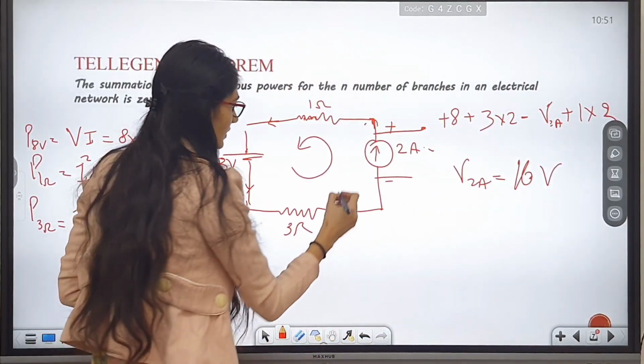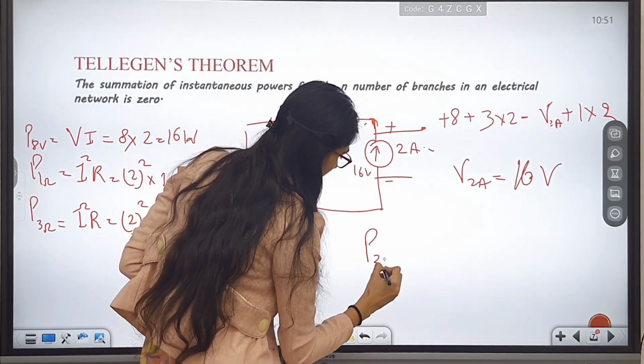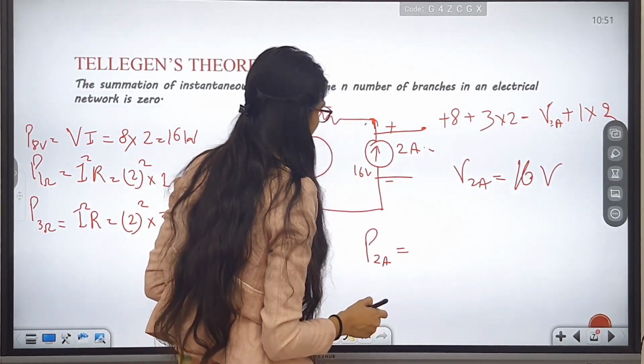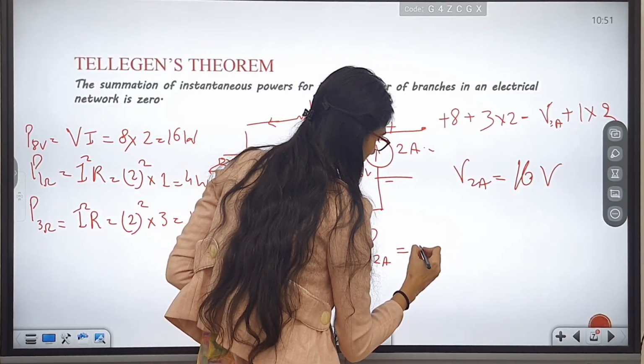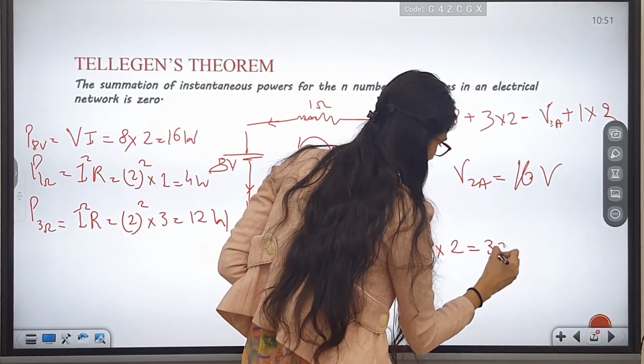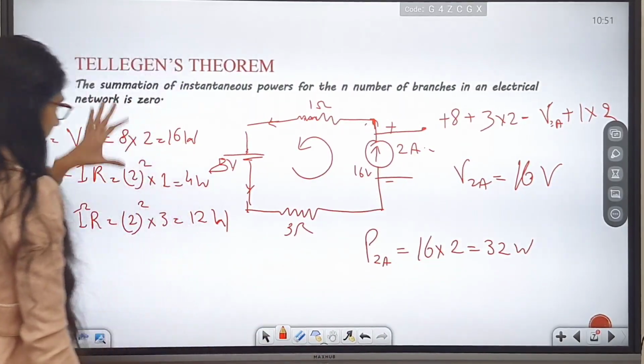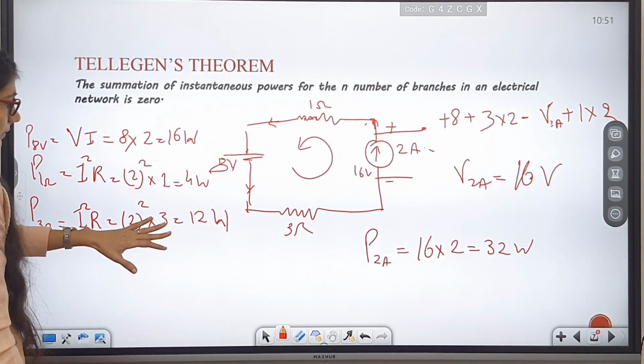So the voltage across this is 16 volt. What would be the power? The power of the 2 ampere current element is V into I. We know V is 16 and current is 2 ampere, so this is 32 watt. This is the delivering source, and these all are absorbing the power.